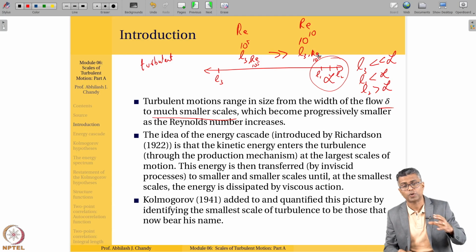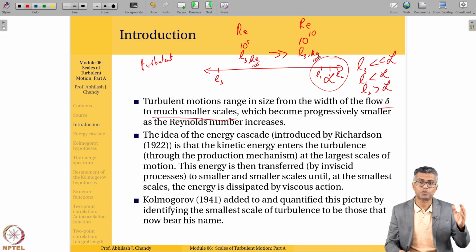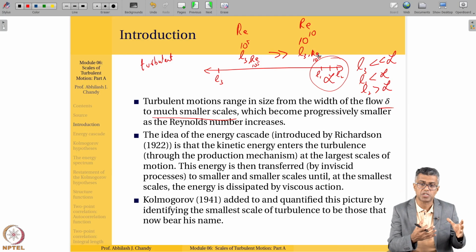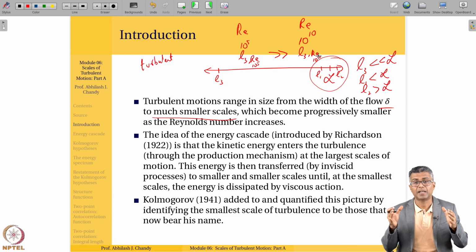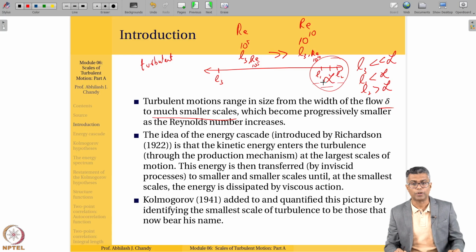If I have flow over a cylinder, the kinetic energy is being brought in by the free stream flow. So I have this production mechanism where the energy is coming in, right? And this is happening at the largest length scales of the motion. This is happening at L1, L2, and so on.